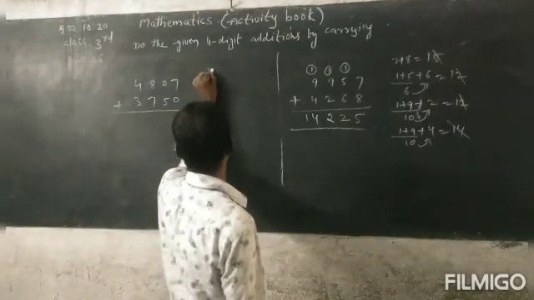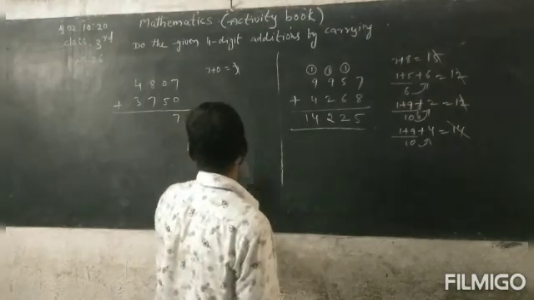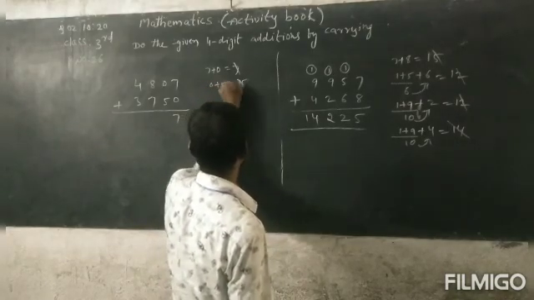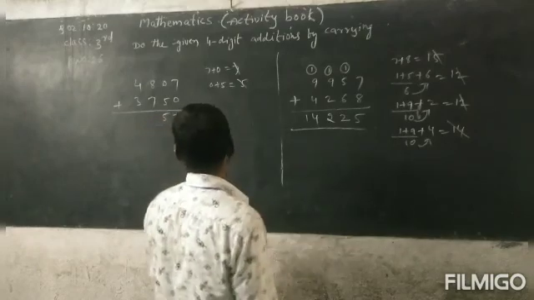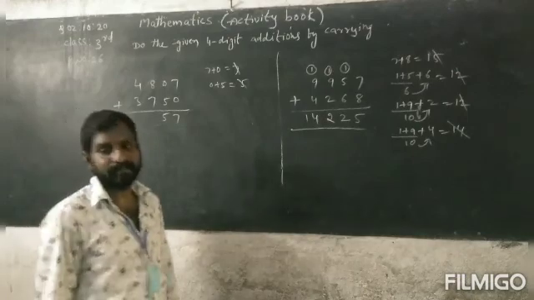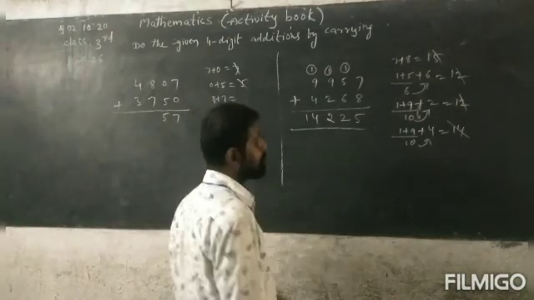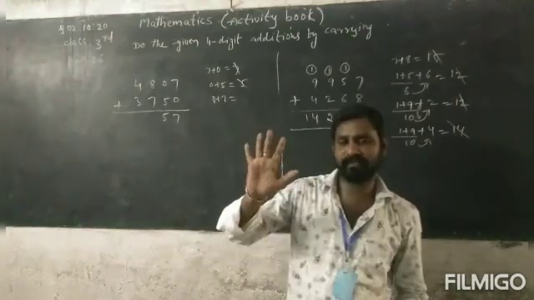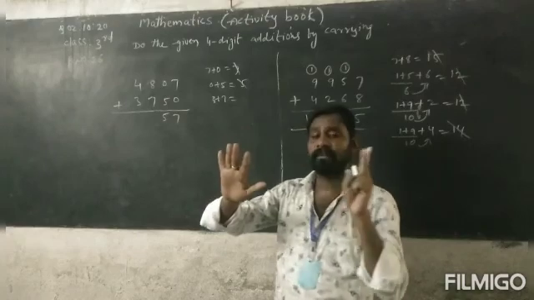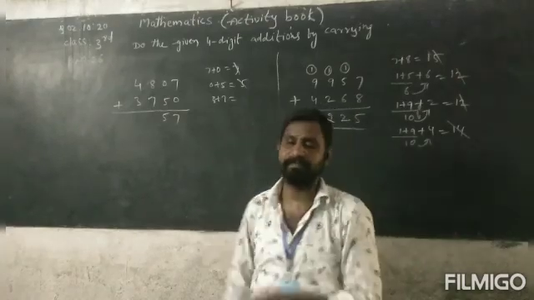7 plus 0 is 7. Write it under the ones place. 0 plus 5 is 5. Write it under the tens column. Next, 8 plus 7. You can count 8 after 7 fingers: 5 fingers, 2 fingers. After 8 count 9, 10, 11, 12, 13, 14, 15.